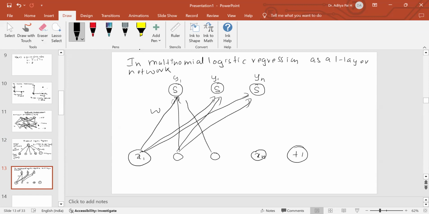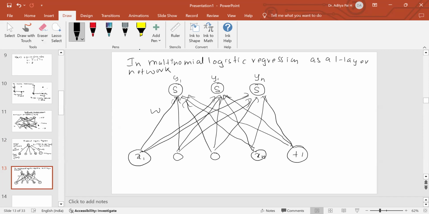Same thing here, from here also the weights are being applied. Sorry if my figure is not neat, but the basic core idea is what you should understand. And this is nothing but the bias which you are applying, that is b.